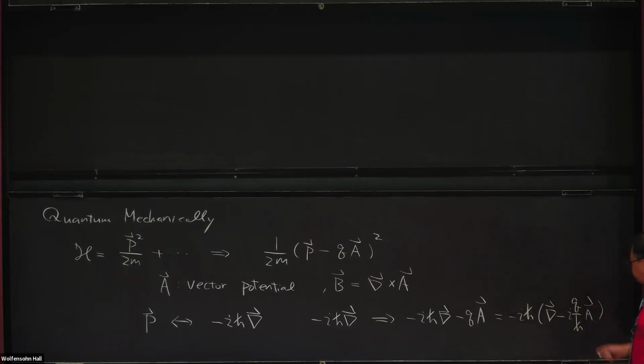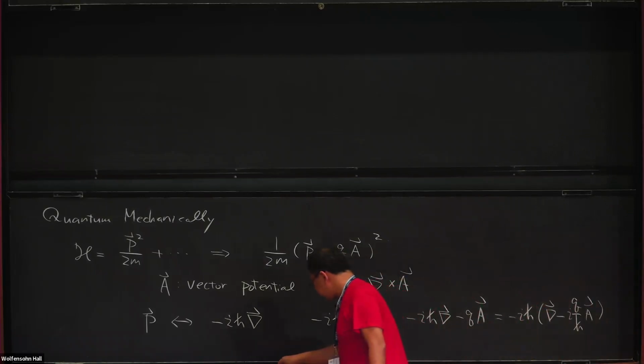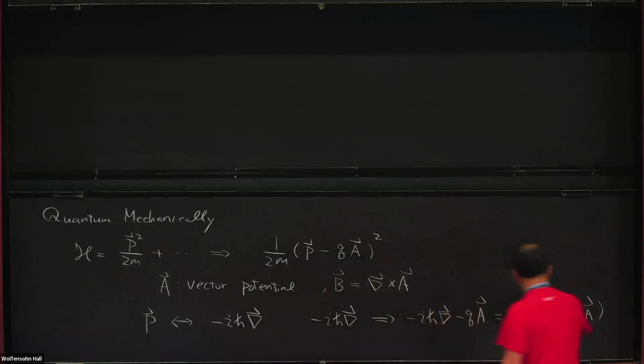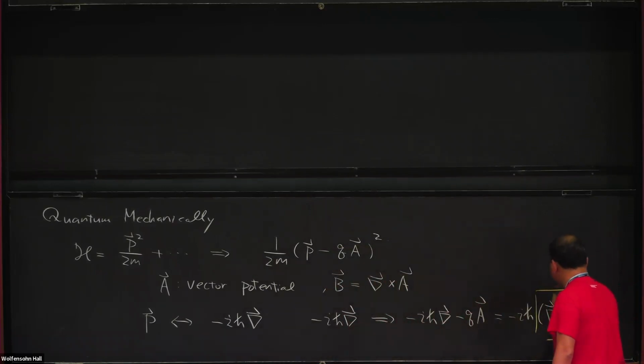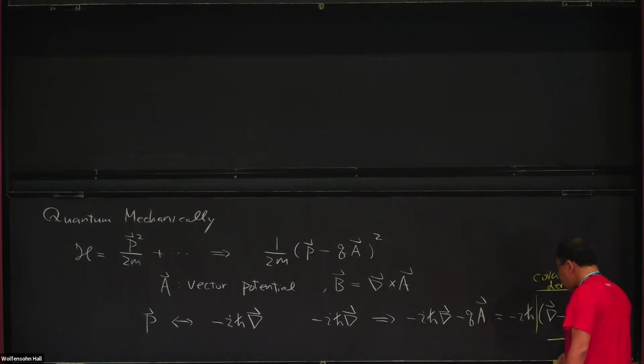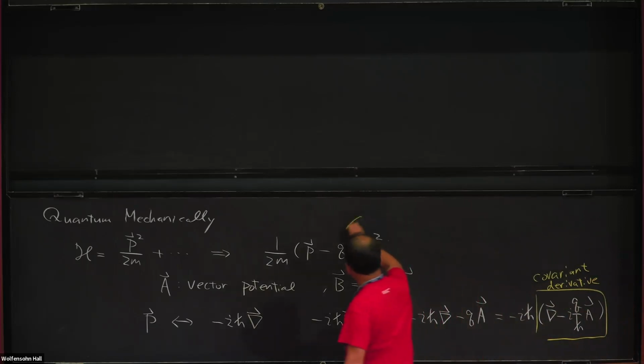So you basically replace the derivative by the so-called covariant derivative. And of course, this q is the charge of the particle.